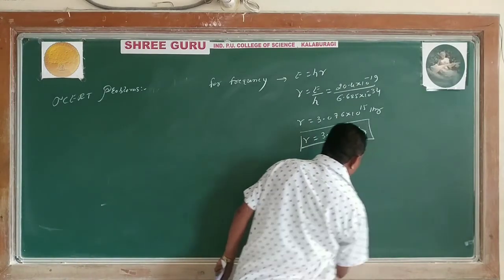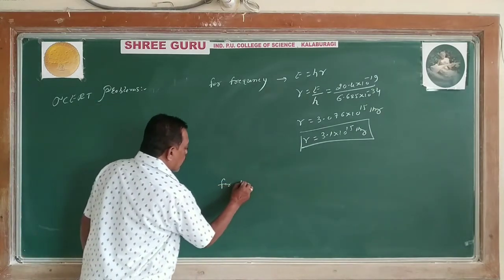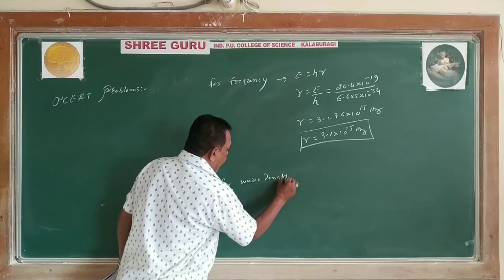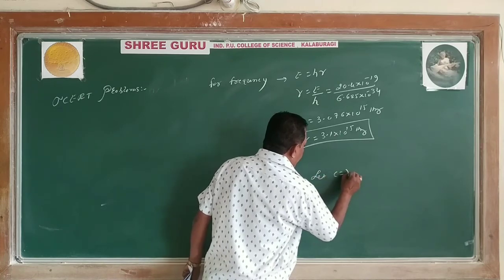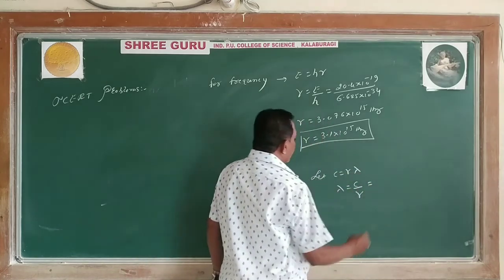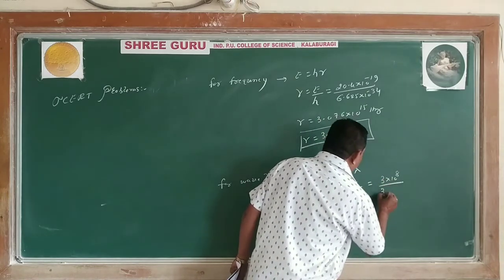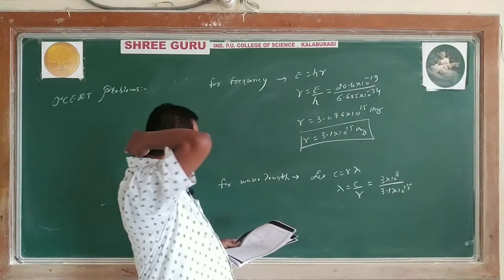फॉर वेवलेंथ, for wavelength. Let C equals nu lambda, lambda equals C by nu. C is 3 into 10 to the power of 8. What is nu? 3.1 into 10 to the power of 15. 3 cancel करे 1 हो जाता.